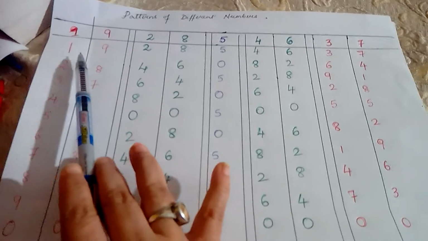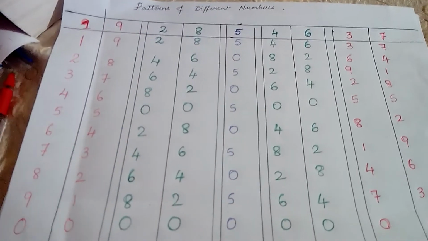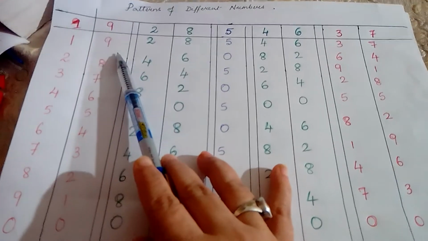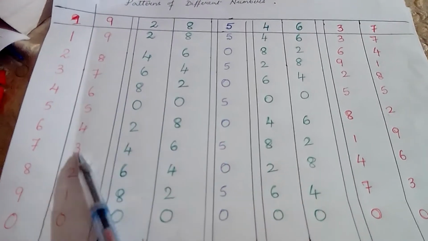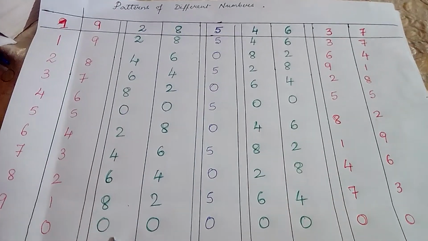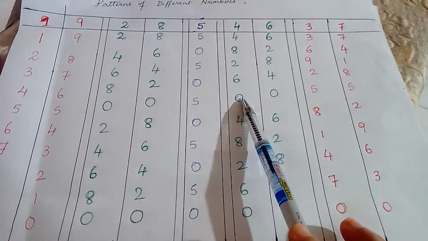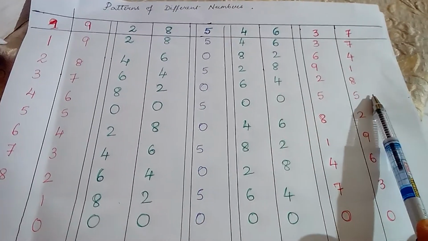It is the pattern 1, 2, 3, 4, 5, 6, 0. And then for a number ending in 9, it is 9, 8, 7, 6, and so on. Number ending in 2, it is the pattern for 2, and the pattern for 8, and the pattern for 5, 4, 6, 3, 2, 7.